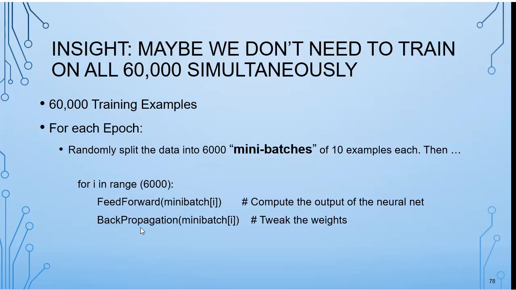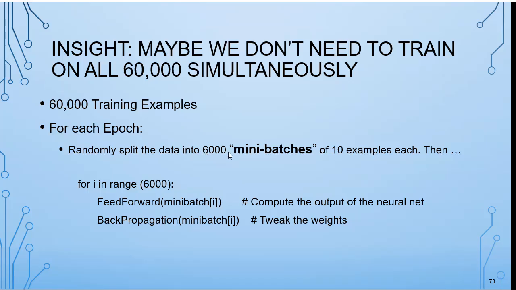But the good news is that we don't necessarily need to do that computation on all 60,000 weights, 60,000 training examples simultaneously. What we can do is say, what if we split the data into what we call mini batches?